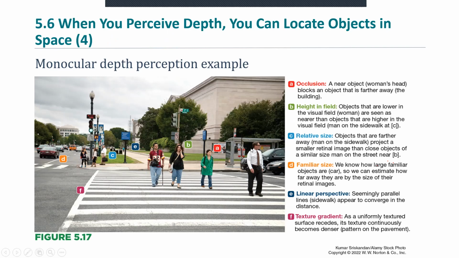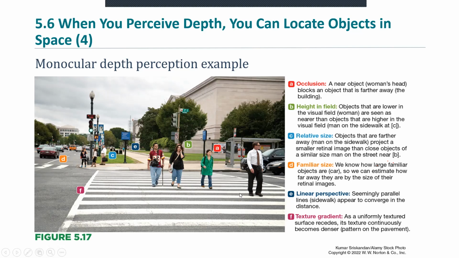Like this guy up here in the white shirt looks like twice as tall as this guy back here in the white shirt near C, because he's closer. But because of size constancy, we know that they're going to be approximately the same size, give or take half a foot.